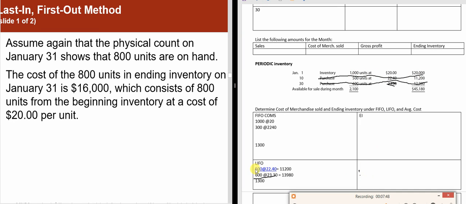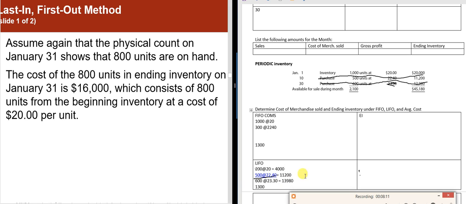And so then what I need to do is go up to my top layer, because I haven't wiped it out yet, and I need to add up to 1,300, so 500 and 600 is 1,100. So I need 200 of the top layer, so 200 at 20 bucks is going to equal 4,000.